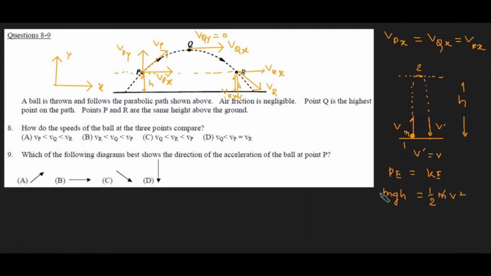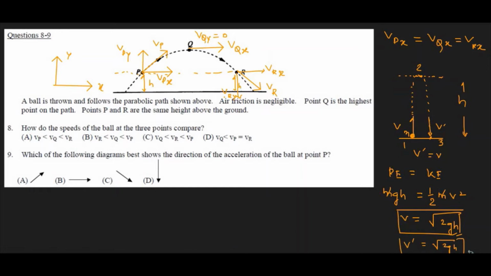The mass is eliminated, and velocity equals the square root of 2gh. Similarly, if we apply conservation of energy between point 2 and the point of return, point 3, we get the same expression: v prime equals the square root of 2gh.